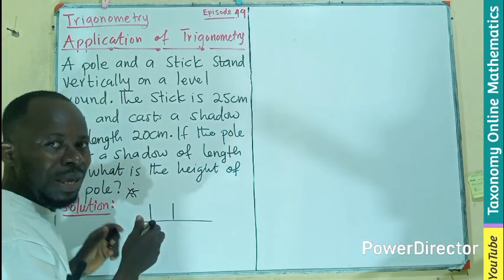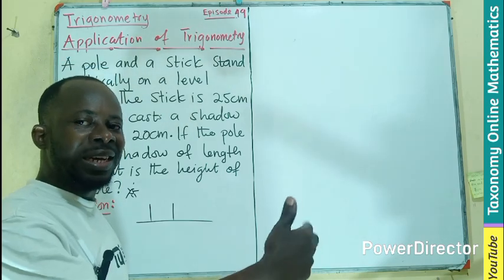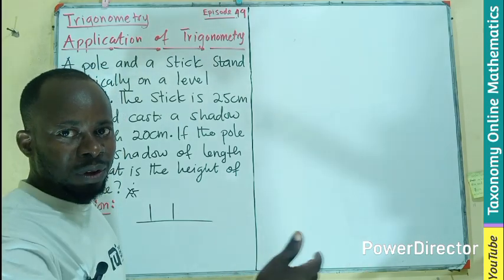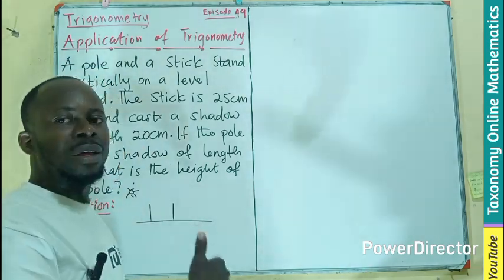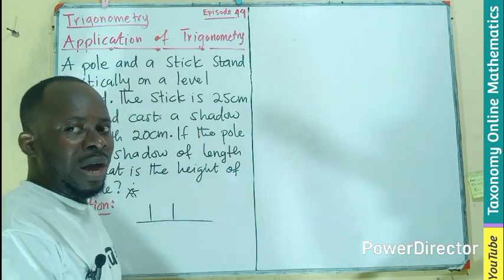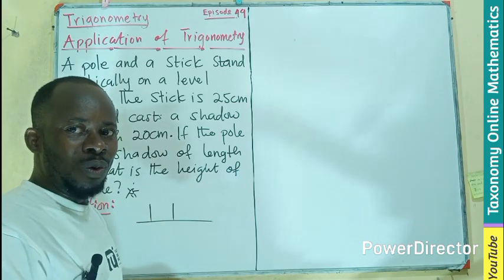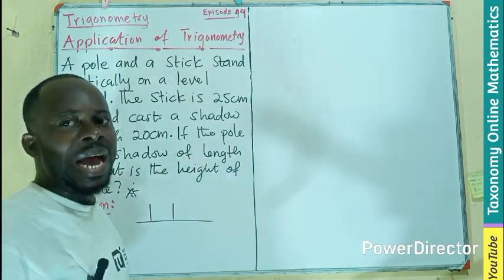If the time is the same, their height will be reflected in the shadow, because the taller one will give you a longer shadow, since the sun is at the same side, at the same time, whether 5 o'clock, 3 o'clock, or 1 o'clock. So the shadow depends on their height.